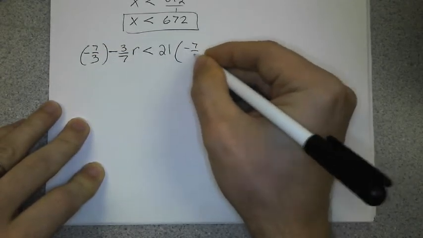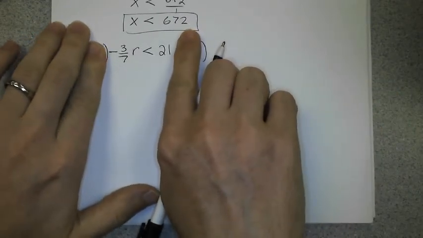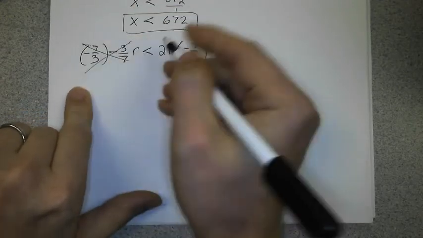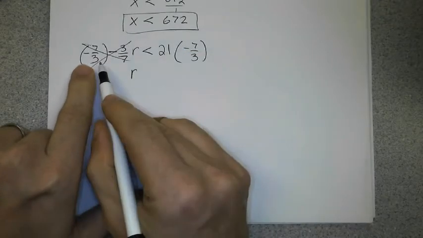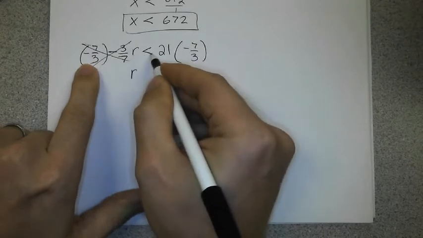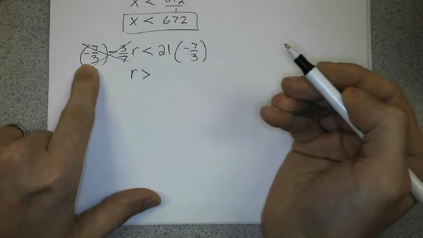It's just that easy. All you do is look at the coefficient and multiply by the reciprocal on both sides. This cancels, leaving r. And since I multiplied by a negative, I'm going to flip this around. So it's going to go like that. All I did was turn it around.